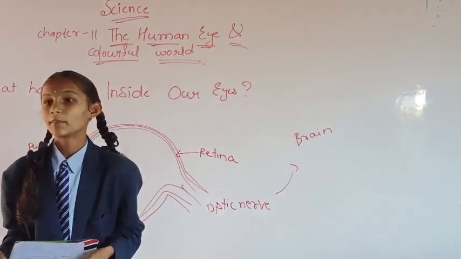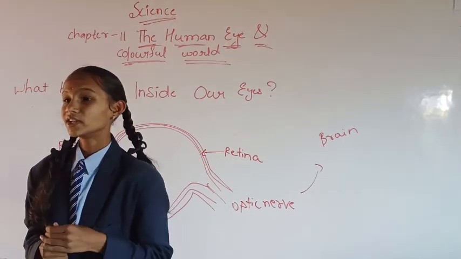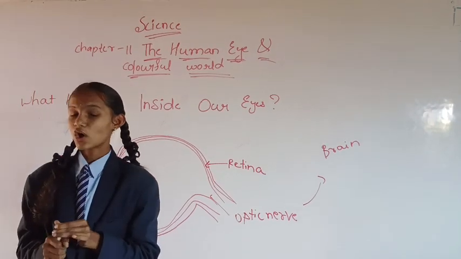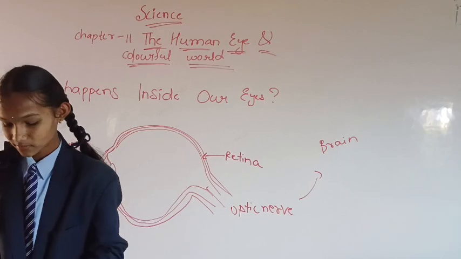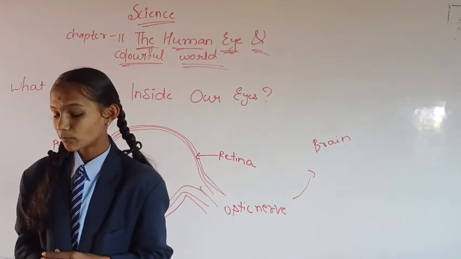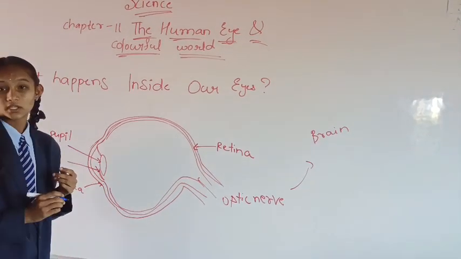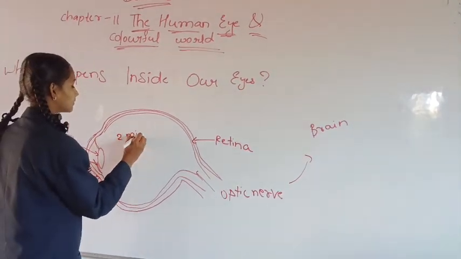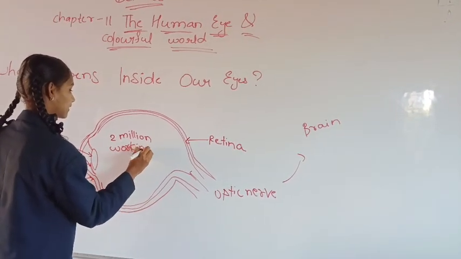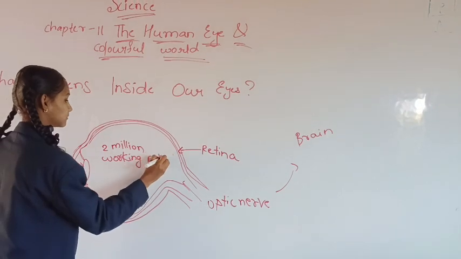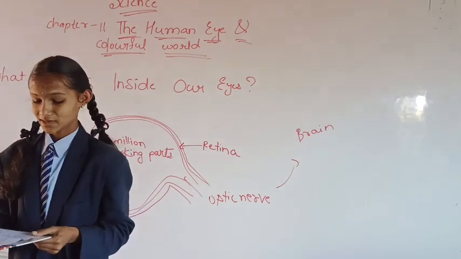An average person blinks 17 times in a minute. The eye is composed of a total of 2 million working parts.